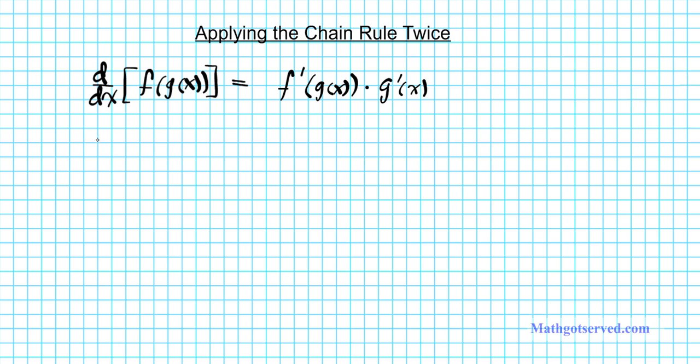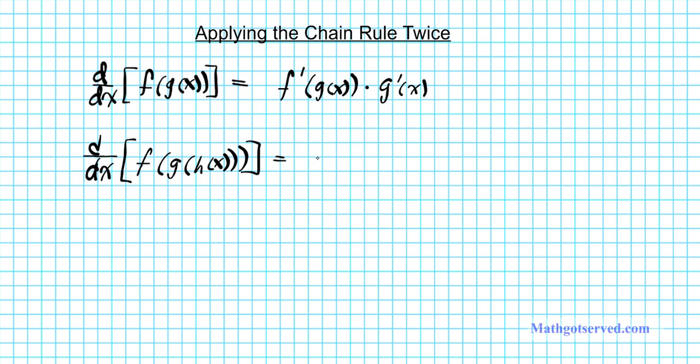Now what if we wanted to find the derivative of a composition of three functions as opposed to two? If we wanted to find the derivative of f of g of h of x, what will the result be?